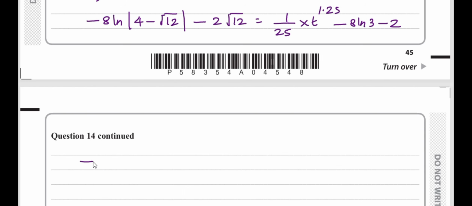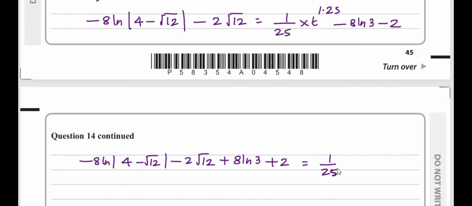Rearranging this, minus 8 ln 4 minus square root of 12 minus 2 square root of 12 plus 8 ln 3, this is becoming a long expression here, plus 2 equals 1 over 25 times t to the power of 1.25.